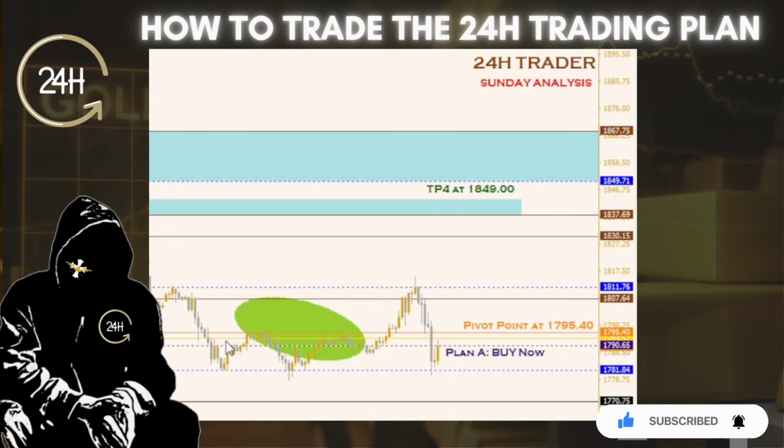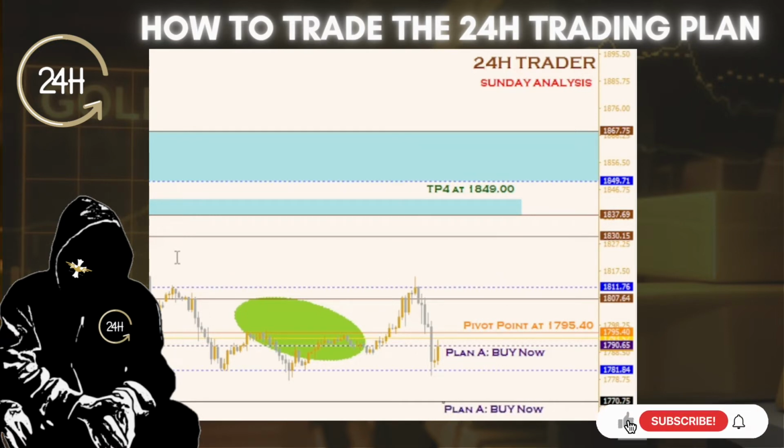If you use plan A and want to trade short term, put your take profit at the pivot point, 1795.40. I'm pretty sure that it will be hit.